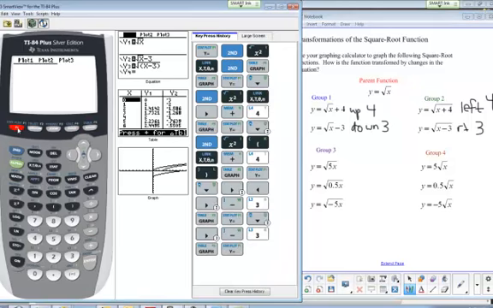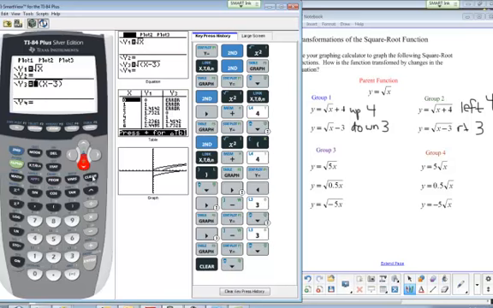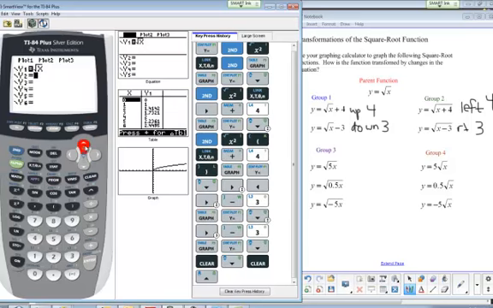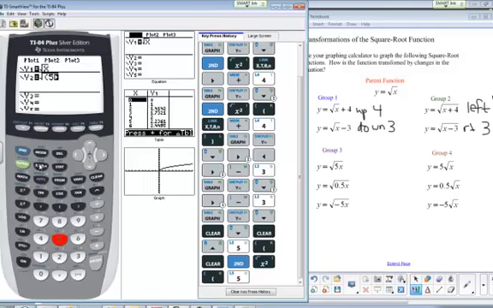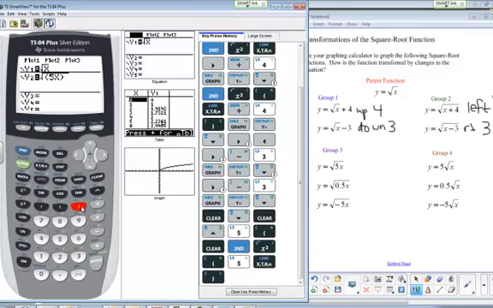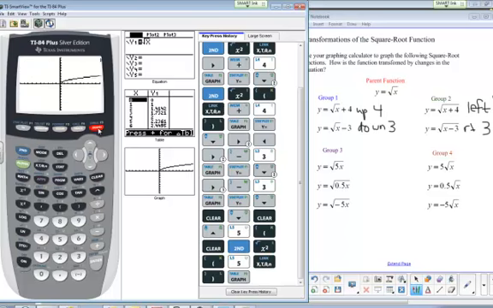Alright, so now let's do this 5x. What do you think is going to happen if we do 5 times the square root of x? Oops, I'm doing the wrong one. Square root of 5x, square root of the whole thing. So that appears to make it steeper.